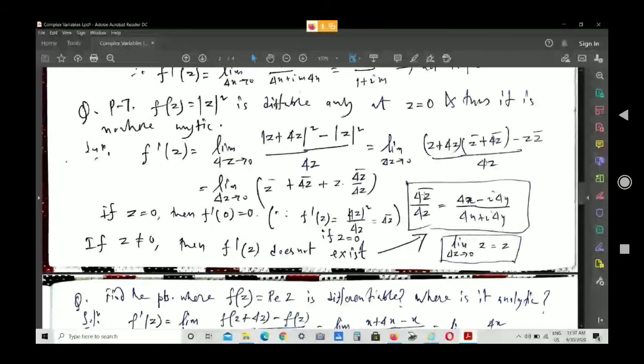Like earlier, this proof is easy. Once you approach 0 along the x-axis, then y will become 0, so del x by del x will be 1. And once you approach 0 towards the y-axis, then x will be 0, and what will remain is minus i divided by plus i, that will be minus 1.